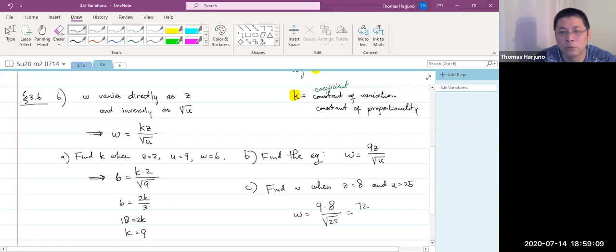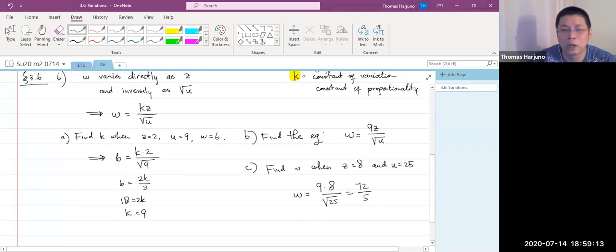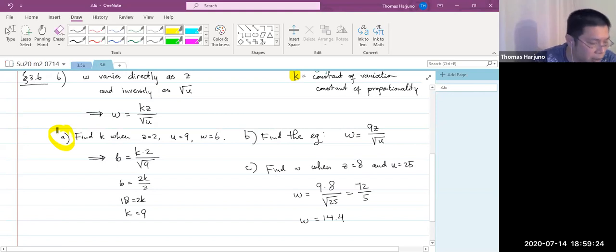That's 72 over 5. So W equals 14.4. Now our textbook only asks for the coefficient of variation or constant of proportionality.